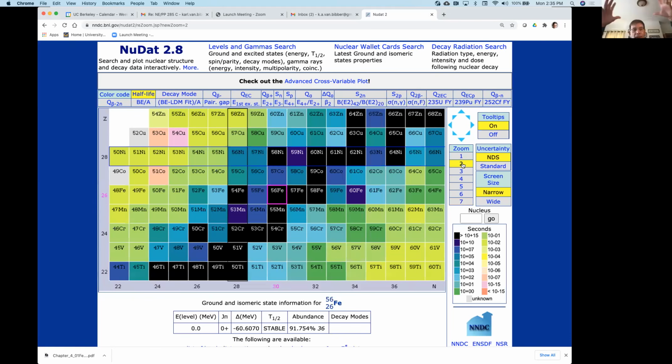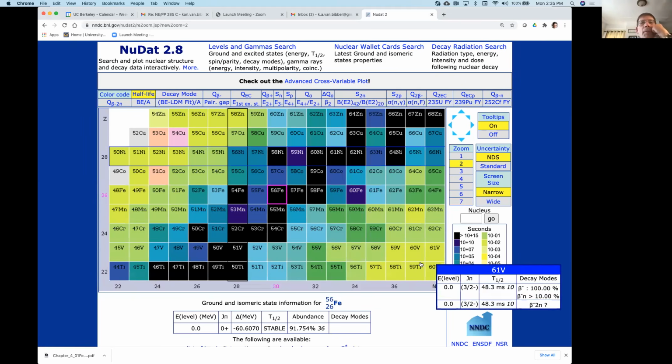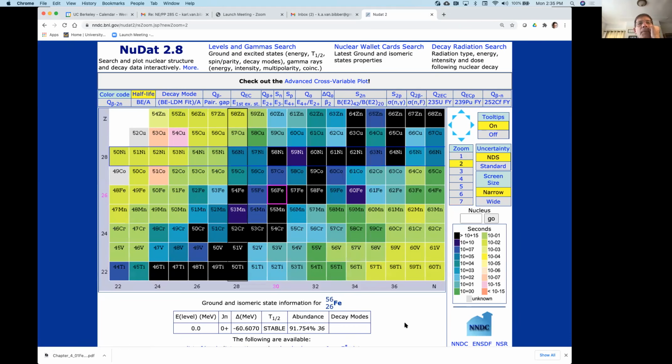Now you've expanded it into a readable form, and you have a little box down at the bottom. You see that the mass excess is a whopping minus 61 MeV. And given that there's 56 nucleons in iron-56, that tells you that there's about an additional MeV per nucleon, meaning sum of protons and neutrons, than there is in carbon. So that tells you the iron is exceptionally well bound.